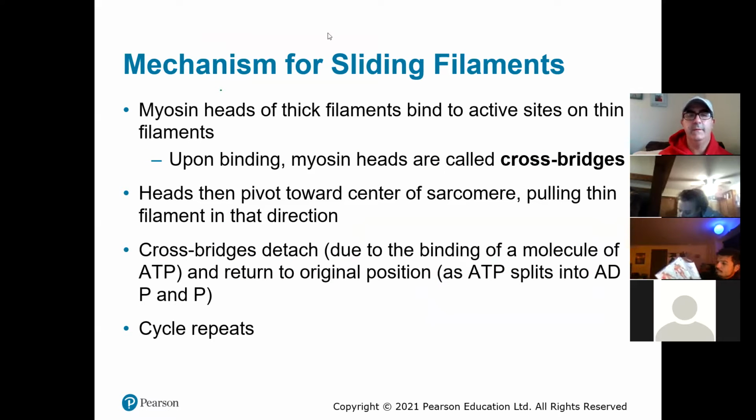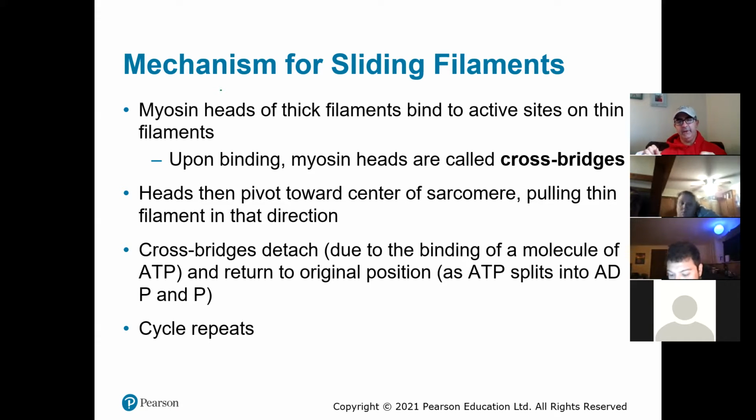Right, so the myosin heads bind to the active sites on the actin. And then once they bind, that's called a cross bridge, they're just attached. The heads then pivot. So they go from this position to the inward position. And what that does is it pulls the actin in, closer to the middle. Then the cross bridge is detached, they let go.